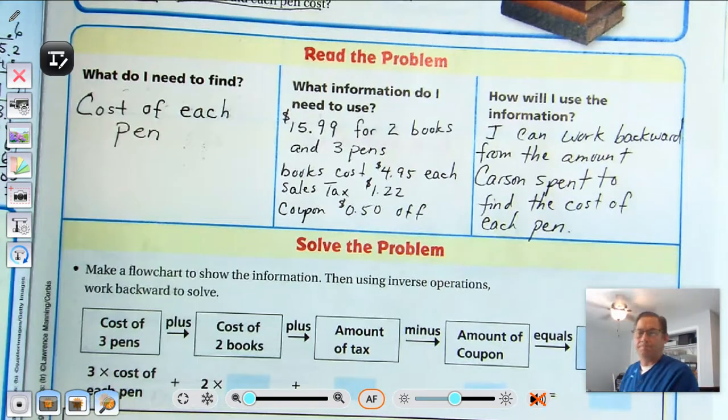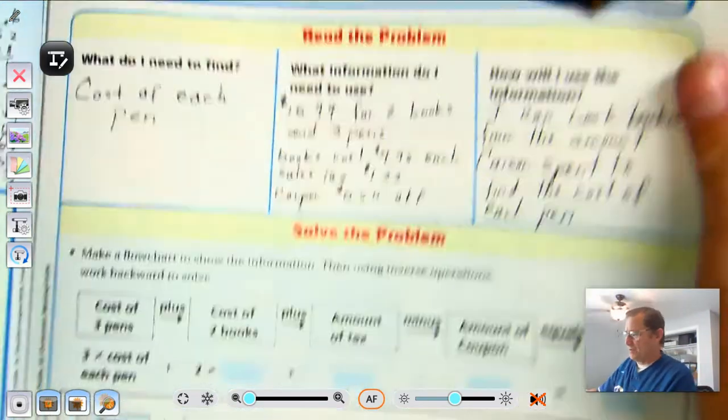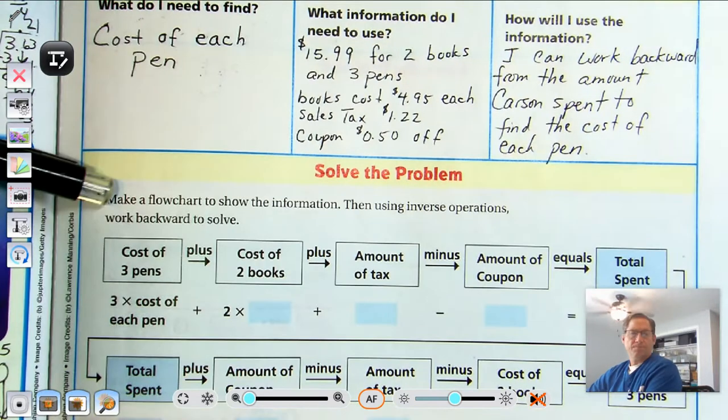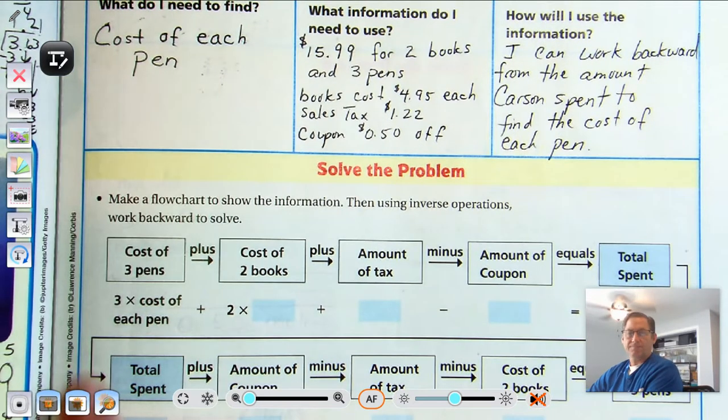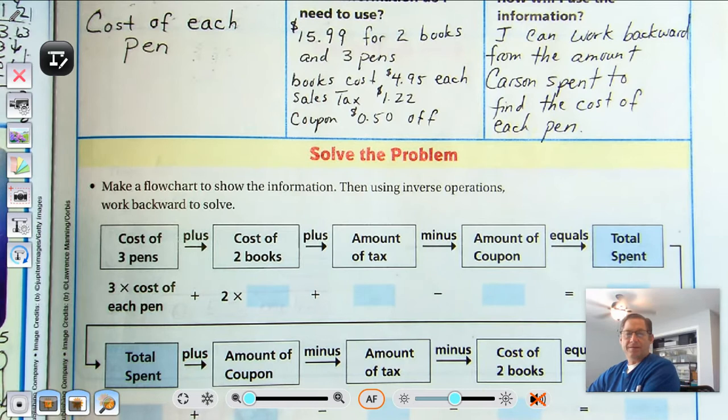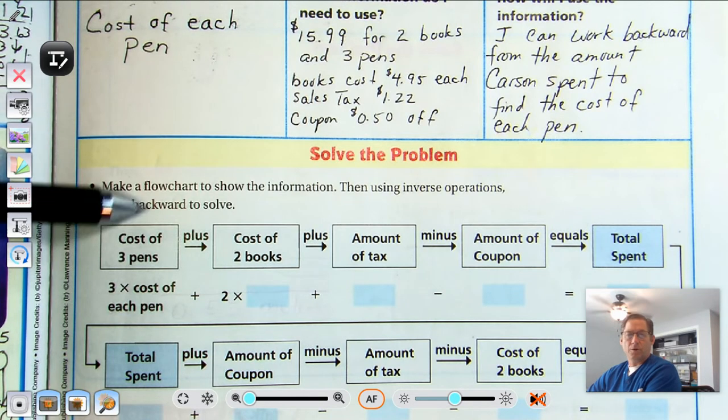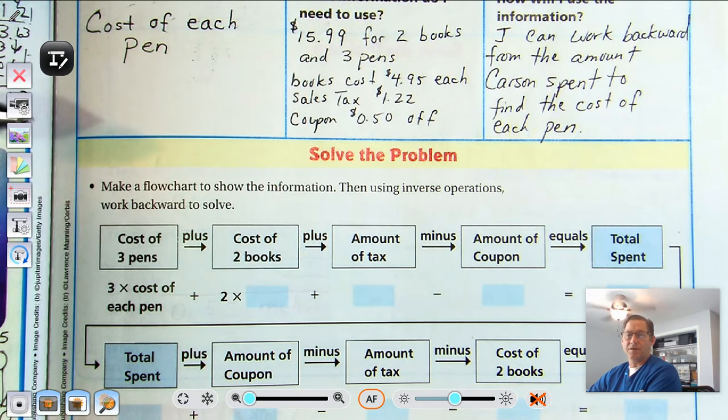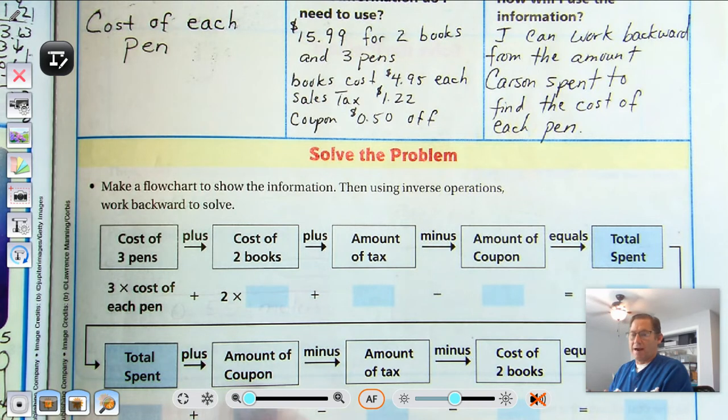All right. So what does that look like? Well, we're going to make a flow chart. Okay. And in this flow chart, we're going to put all the information that was given to us. Okay. And then we're going to use the inverse operations and work backward.